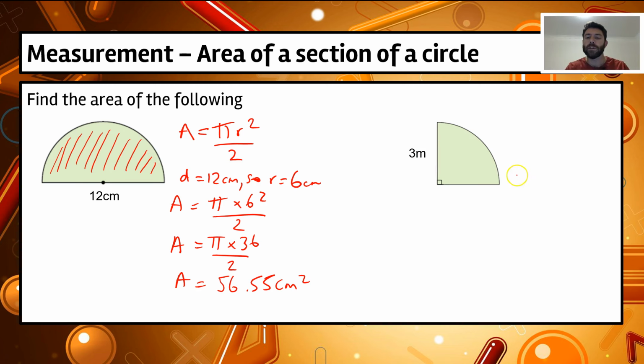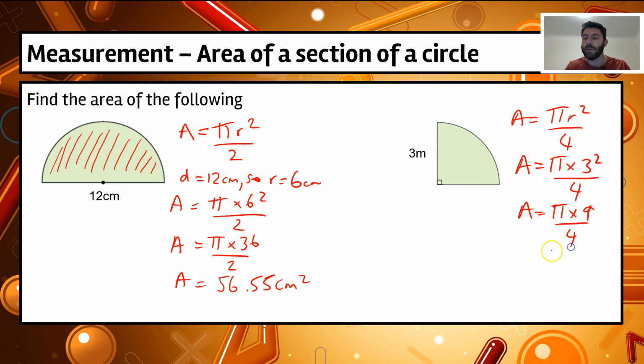Okay, let's have a look. We've now got a quarter of a circle with a radius of 3 meters. So we're given the radius. So our area is going to equal pi r squared divided by 4. Now we can substitute straight in. So area equals pi times 3 squared divided by 4. That equals pi times 9 divided by 4.